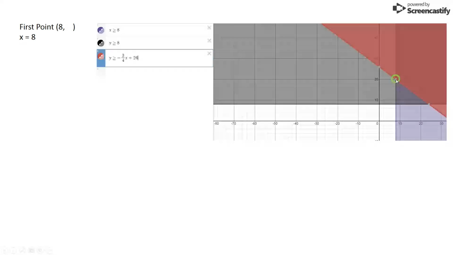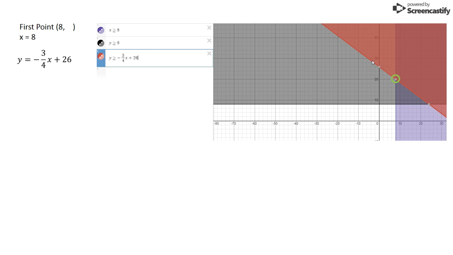So there's the first intersection, and we can see that this is the line x is greater than or equal to 8. So we know that x is 8 right there. And this line right here is the one that was y greater than or equal to negative 3/4 x plus 26.